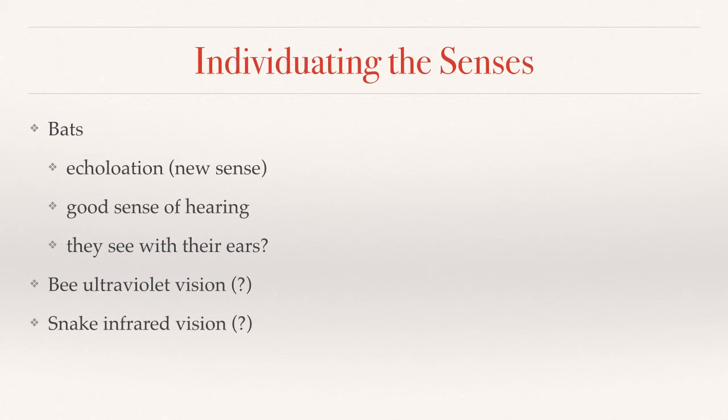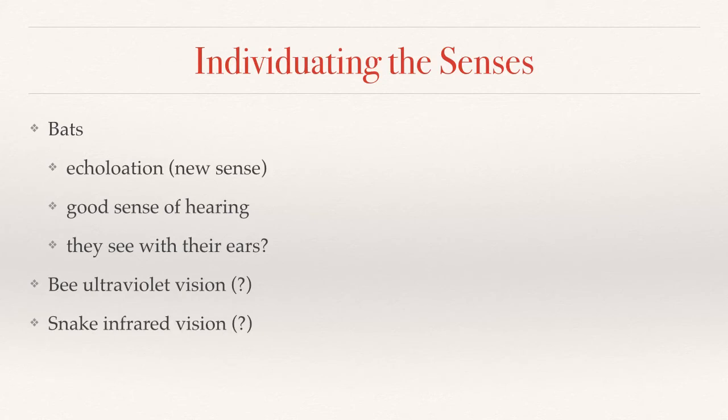So how do we say whether it's a new kind of sense or a fancy or different version of one that we already have? And the same is true with the snakes. They have a receptor that allows them to detect infrared heat and so forth. Is that like infrared vision, or is it some new infrared sense which doesn't deliver a visual kind of experience?